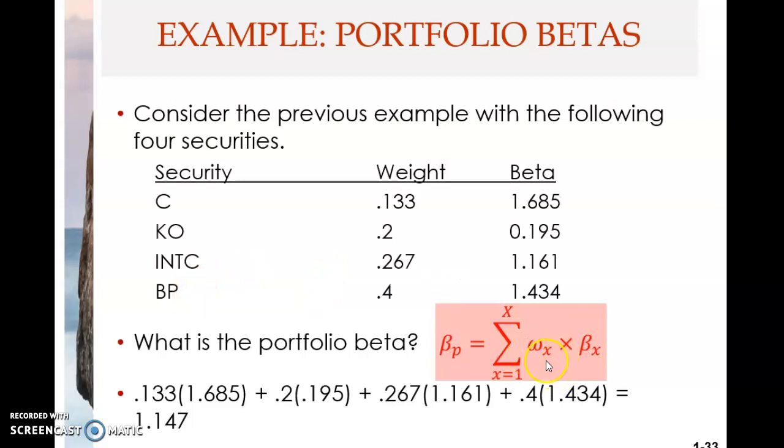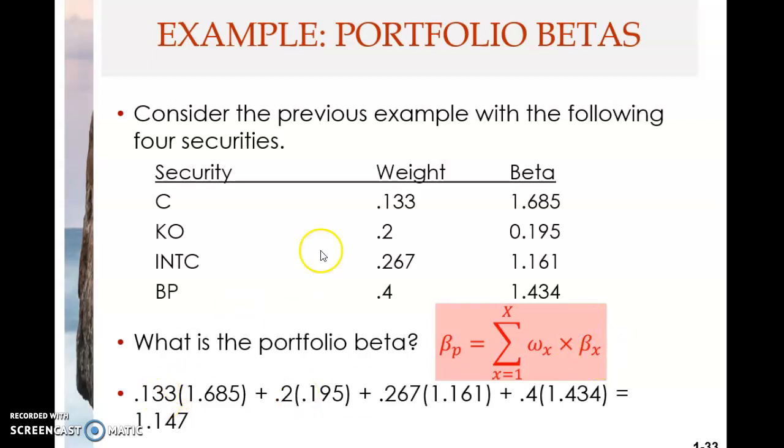This is made up of the portfolio weight, which is the proportion of investment in the portfolio that is made in a particular stock x, multiplied by the beta for that stock.